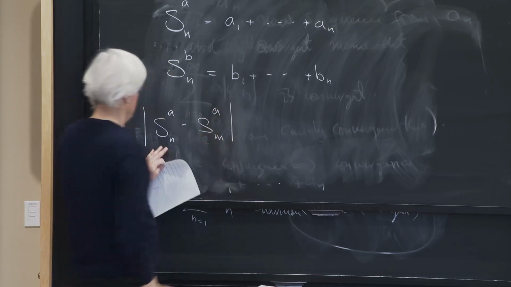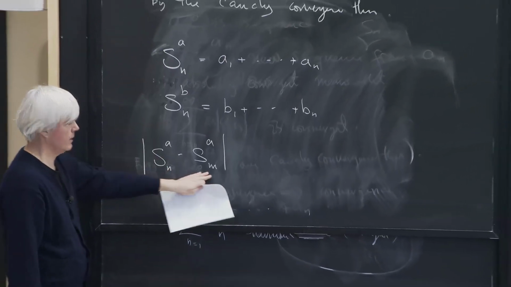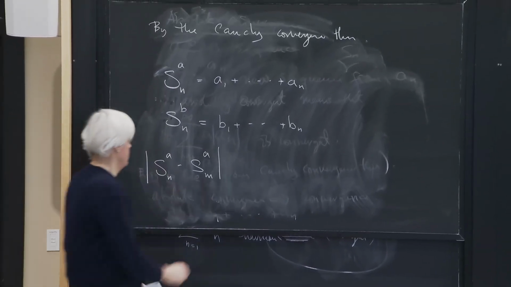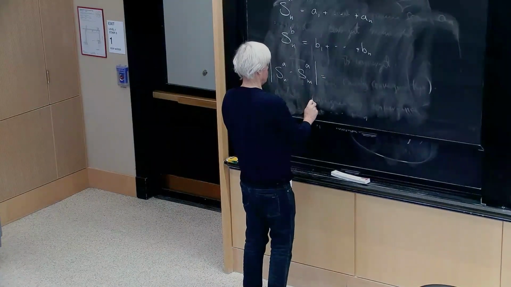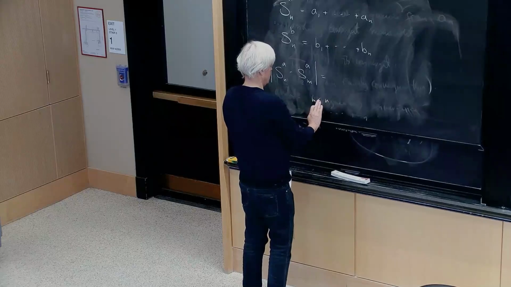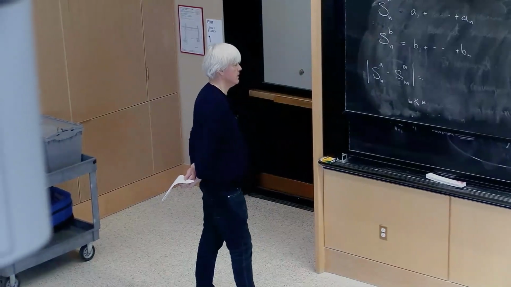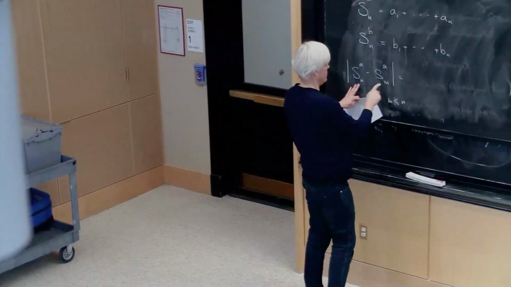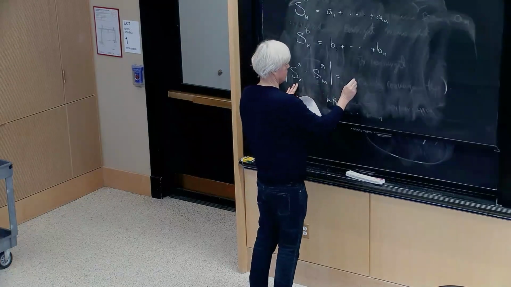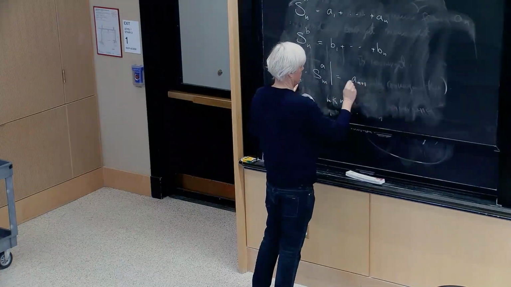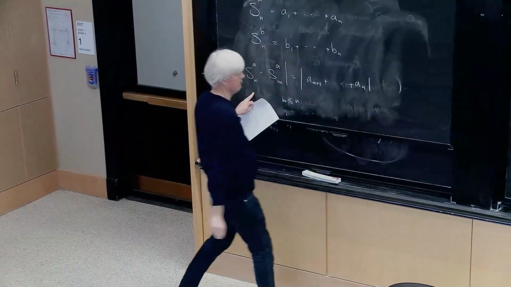You want to show that this is a Cauchy sequence. I'm assuming that m is strictly less than n. This difference is just the sum from m plus 1, so a_{m+1} up to a_n.